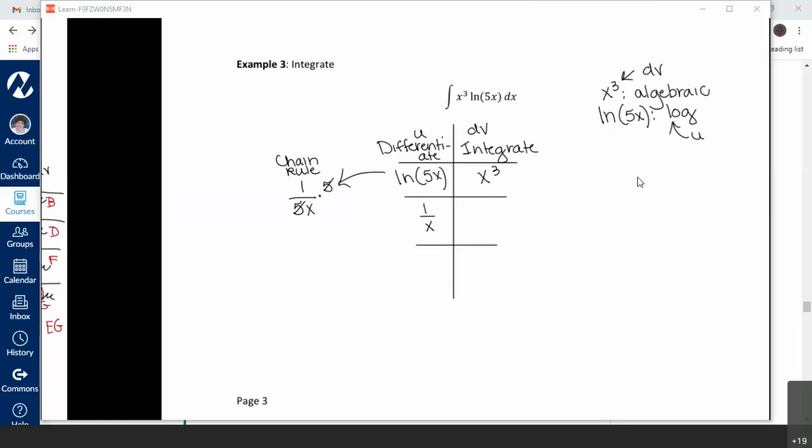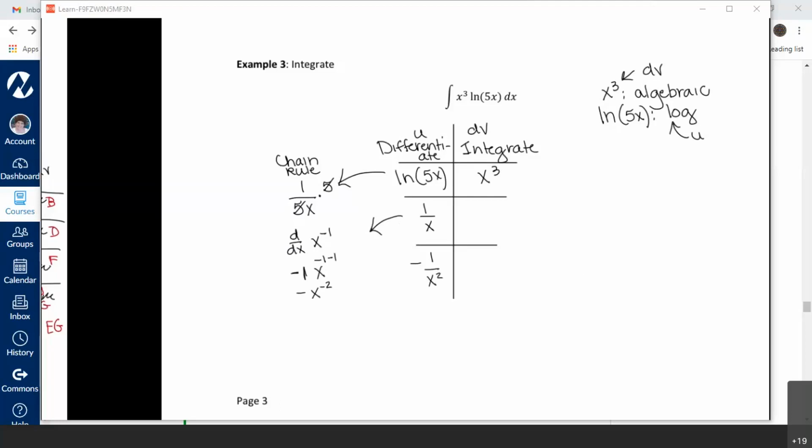Now, if I differentiate this again, it's no longer a log function, it's x to the minus 1. And if I differentiate that with respect to x, what happens? I get -1. I'm using the power rule. Bring down the exponent, subtract 1 from the exponent. So this becomes -x to the minus 2, which is 1 over x squared.